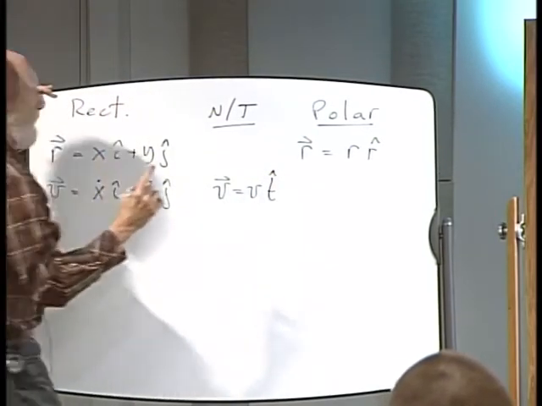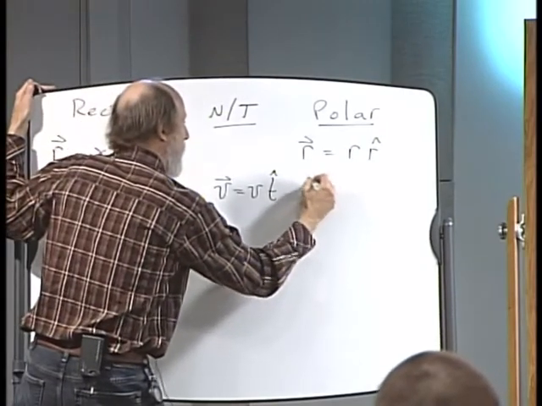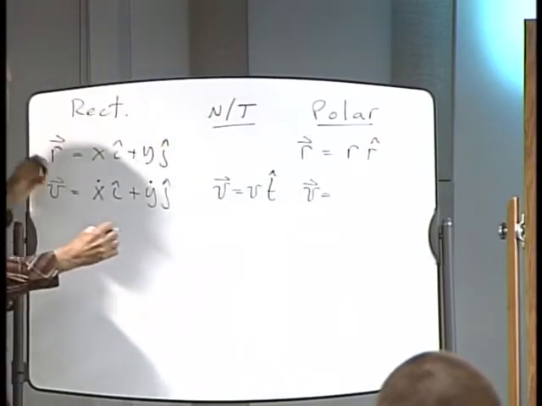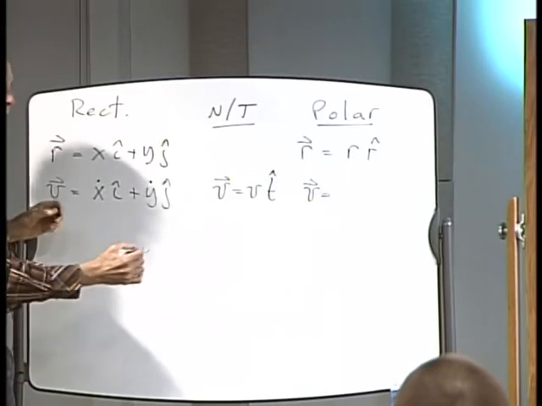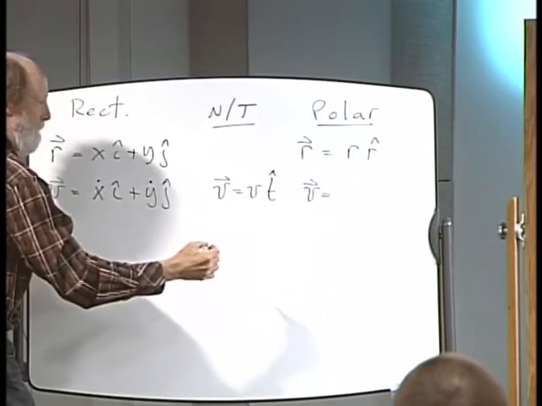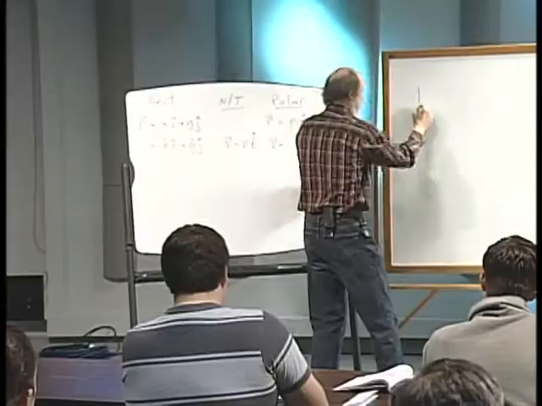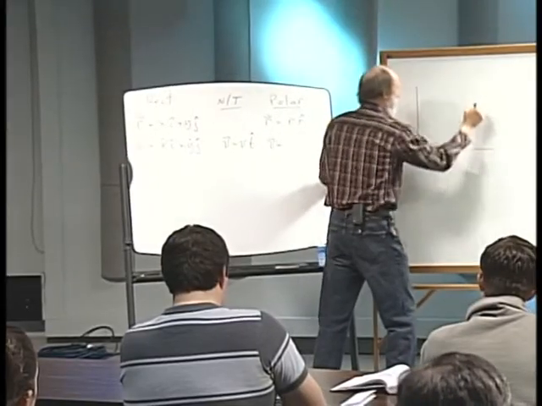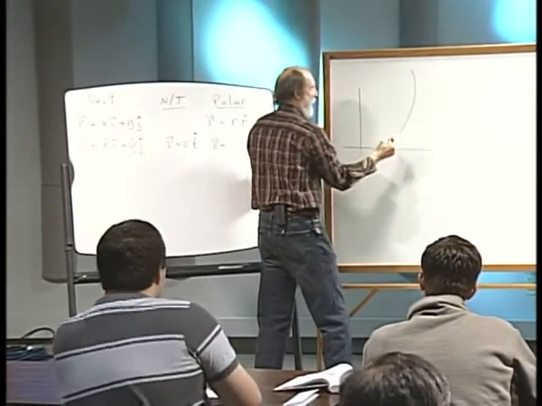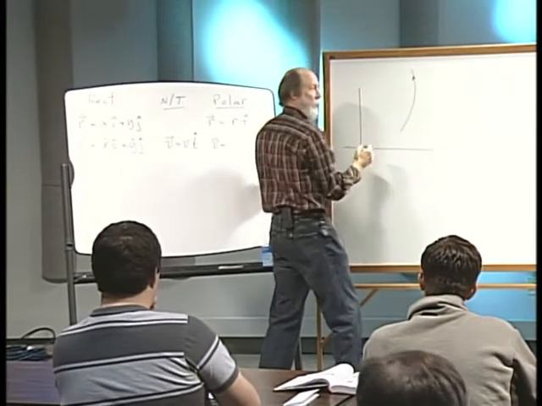Okay. In the polar, the velocity profile, remember where this is coming from. Let me go ahead and draw the reference figure. So let's say that's the path going that way.